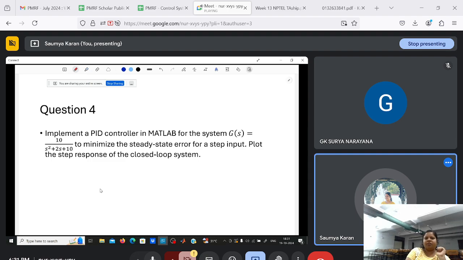So we have written the transfer function here. This pidtune is the function that can be called. Now you can have PID here, PI here, PD here, all options are available. We wanted to have PID. So it is pidtune(G, 'PID').